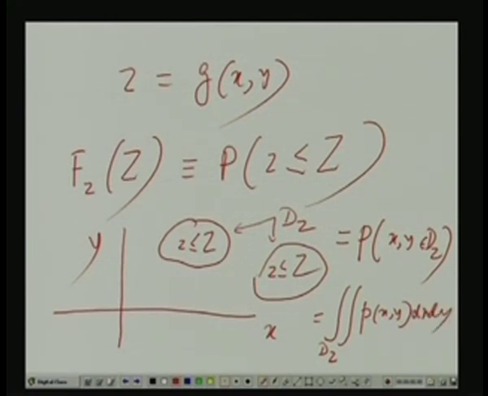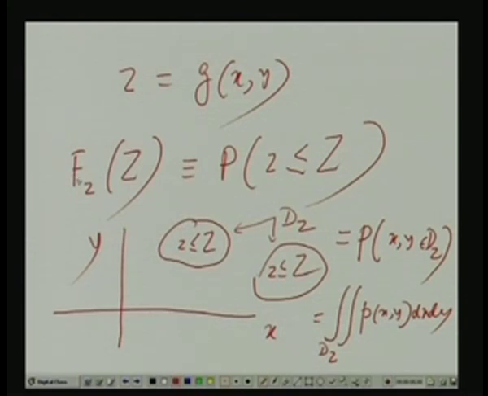Small p(x, y) is the joint probability density. So, you get the probability distribution of z from the joint probability density of x and y in this manner. And how about the probability density of z?